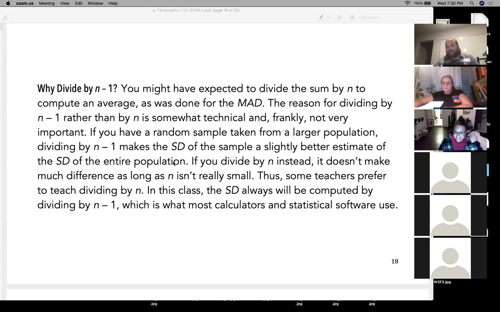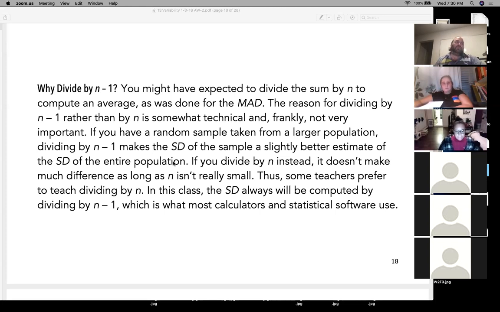The reason has to do with the fact that when you use something to estimate something else in statistics, sometimes it comes along with a bias. What do I mean by that?